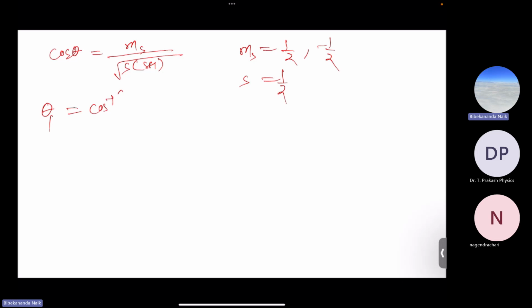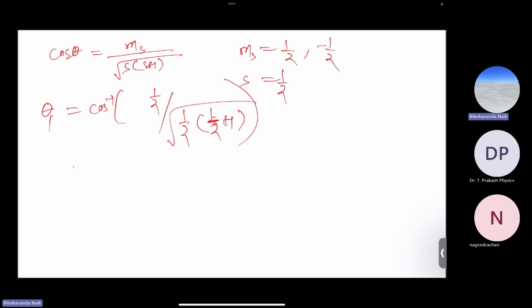You know cos theta equals ms divided by root S into S plus 1. ms is half and minus half. S is half. So theta 1 will be cos inverse of half divided by root of half into half plus 1.